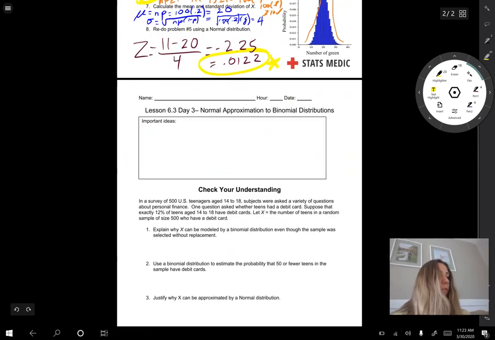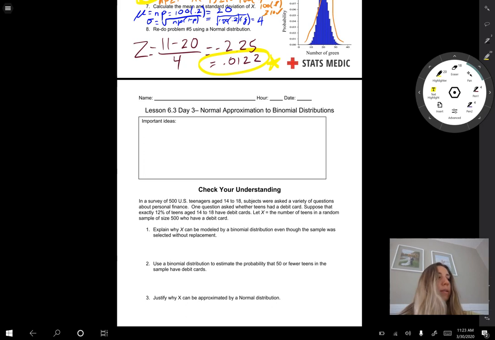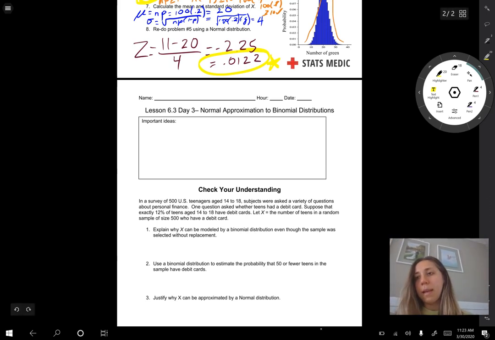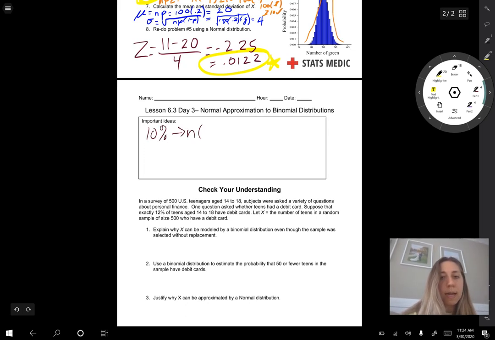All right, moving on to your quick notes. The 10% rule, remember that can prove independence. So remember 10% rule is N times 10 is less than your population.